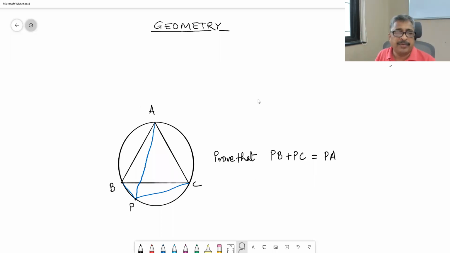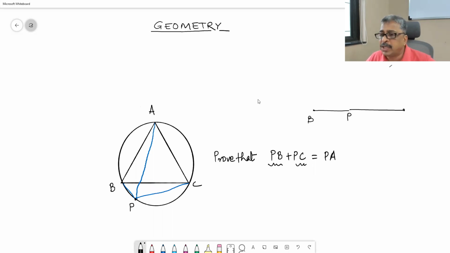After giving the hint, I will wait for some time so that you complete the proof. Whenever you have addition of two segments, PB plus PC, it would have been good if P, B and C were collinear. Then PB plus PC, we can directly say, is equal to BC.